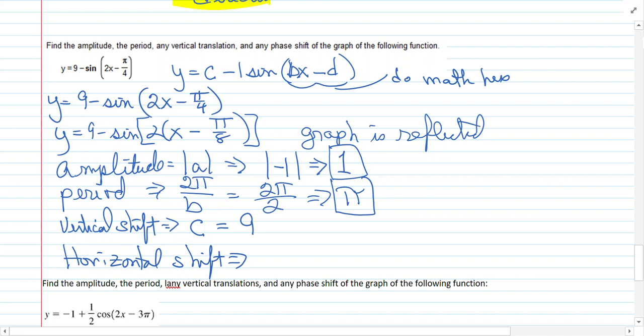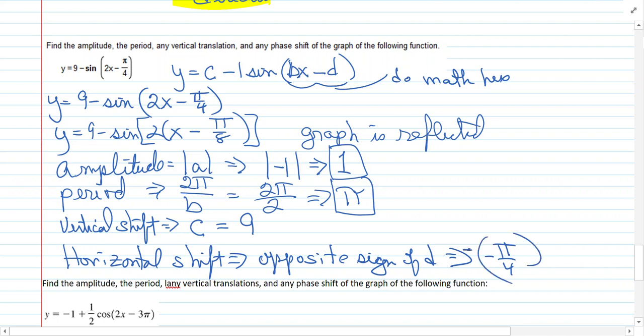And it's opposite sine of d. All right, so our d is negative pi fourths. So it's opposite sine of negative pi fourths. So it's pi fourths to the right. Okay, there you have it.